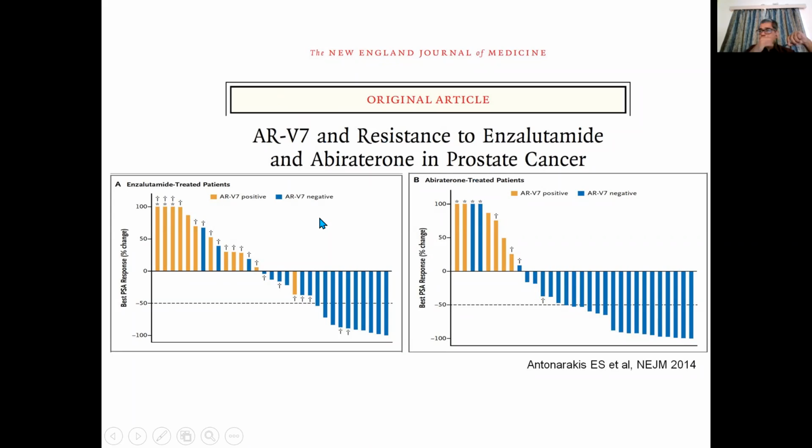So in certain cases of metastatic castration sensitive prostate cancer, as well as metastatic castration resistant prostate cancer, where you are planning to give enzalutamide and abiraterone, it is a good idea to work up the patient beforehand for the presence of ARV7 mutation. If they are harboring this mutation, then they would be resistant to therapy.